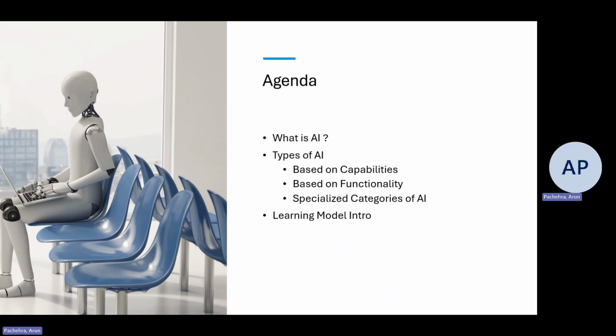And finally, we'll have an introduction to the learning models, which is the soul of AI, or the mind of AI. Doesn't mean they have a soul. Anyway, the point is, learning models will help us understand how this actually works.